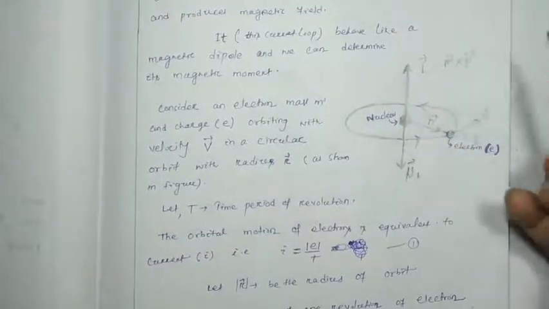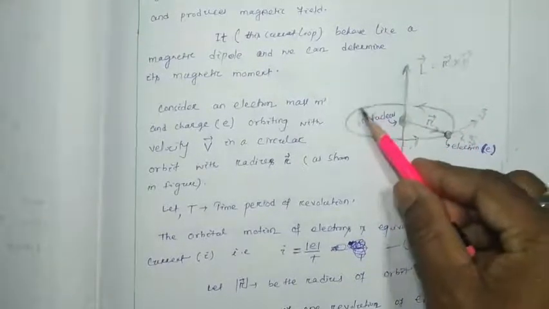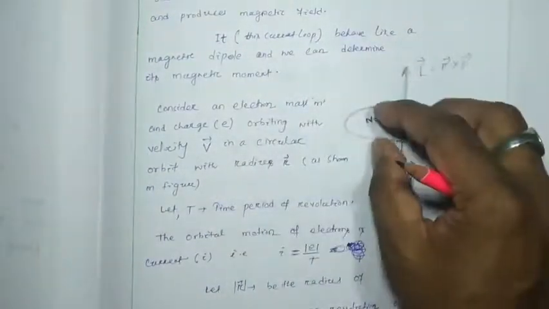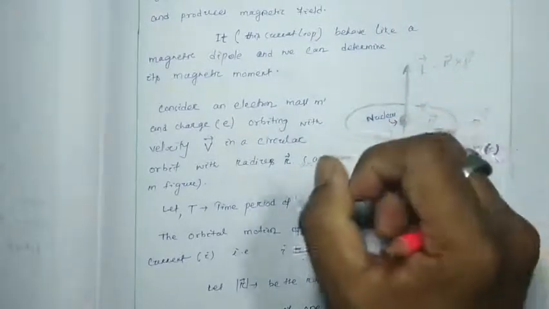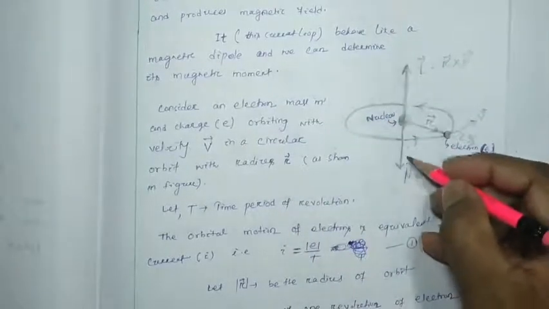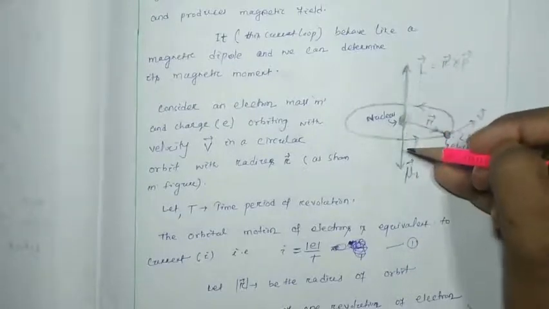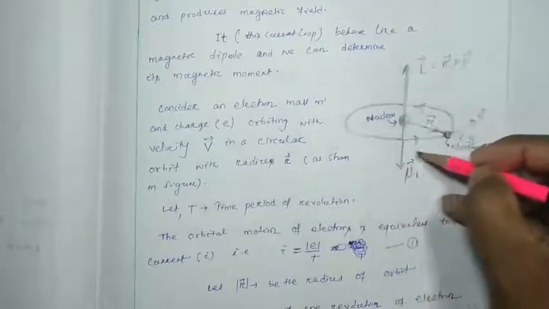Simply, we have to remember that whenever an electron revolves around the nucleus, or when we take the whole atom, this atom acts as a tiny magnet having a magnetic dipole moment opposite to the angular momentum, considering only the orbital angular momentum.